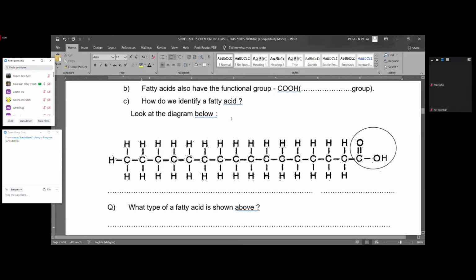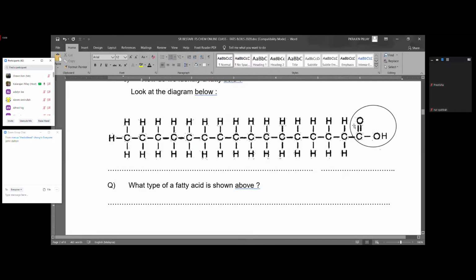So how do you identify a fatty acid? Look at the diagram below. You can see one line here and another line here. So here you're going to write this word first: long hydrocarbon chain, for this answer here.